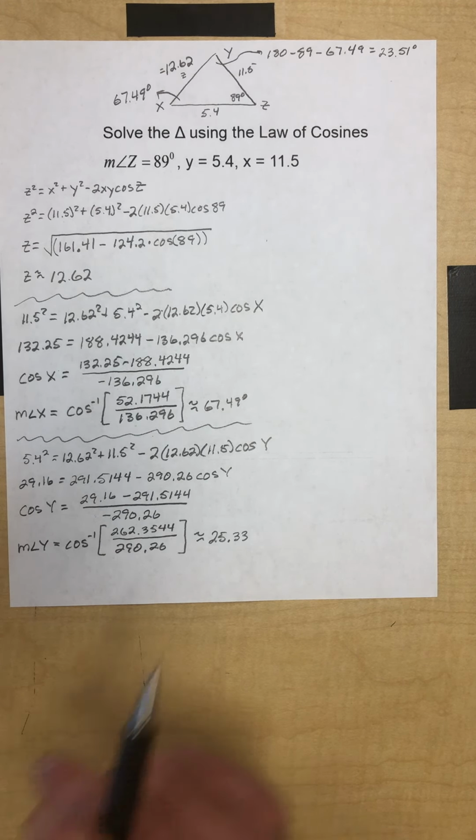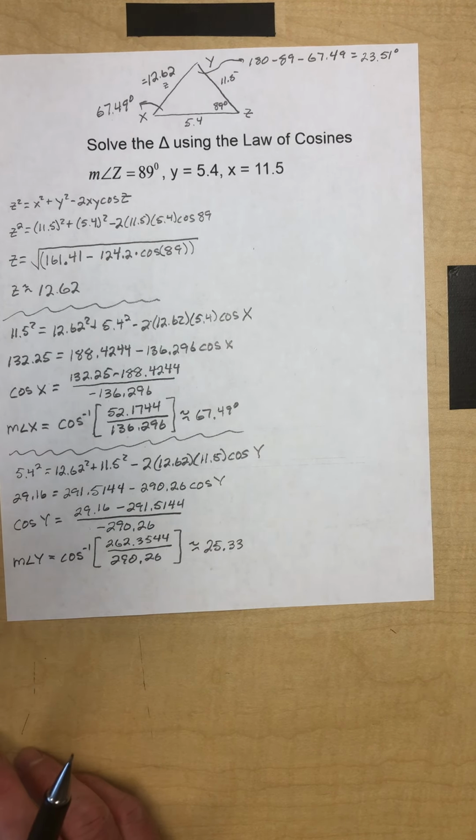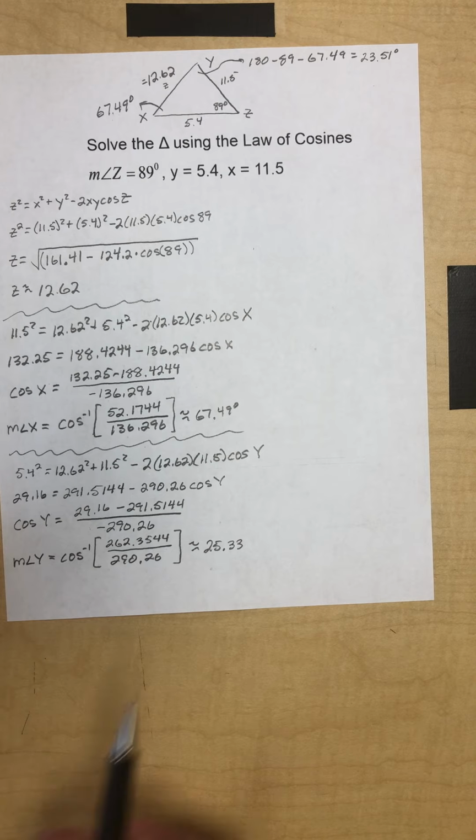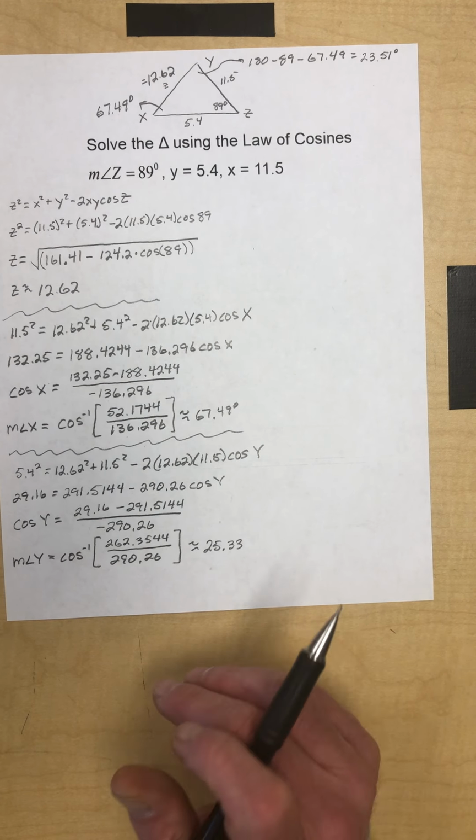But obviously down here, let me punch this into my calculator again and see if I punched something in wrong. Second cosine inverse, 262.3544 divided by 290.26. Yep, I'm still getting that. Okay, so we got a mistake somewhere.